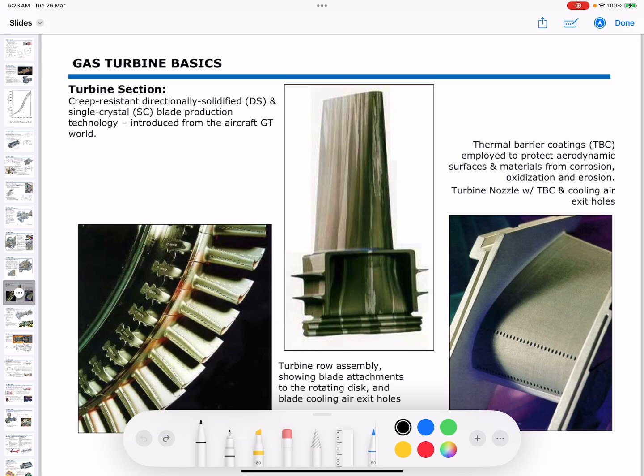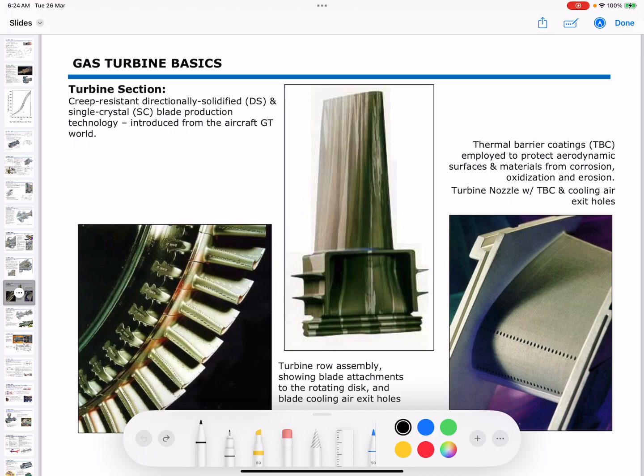Blades and nozzles work in tandem to efficiently convert thermal energy into mechanical work. The assembly design and arrangement optimize energy extraction and ensure uniform flow distribution. Materials like, as I said before, nickel-based superalloys and advanced coatings are employed for durability, and to make the performance under extreme conditions work very well.